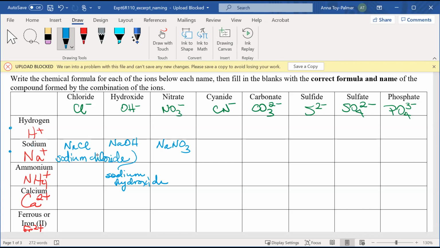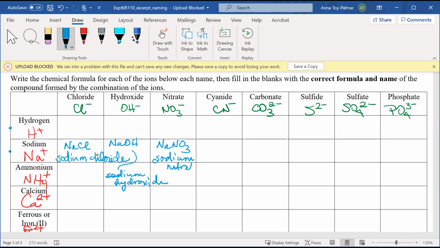What's my anion name? Yeah, sodium nitrate, beautiful. Okay.